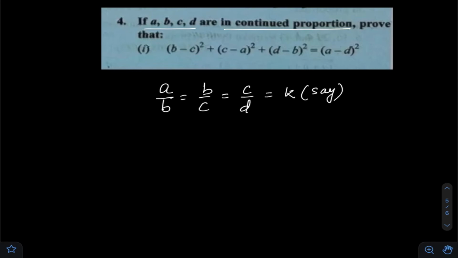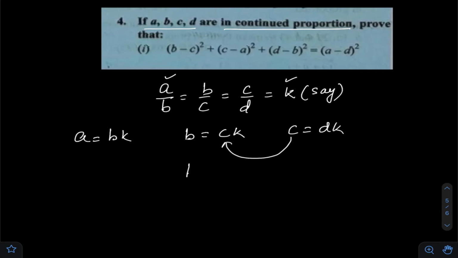Now find out the value of a. If you compare these two, a is coming b into k, b is coming c into k, and c is coming d into k. Now what we have to do, you have to substitute the value of c from here to here.